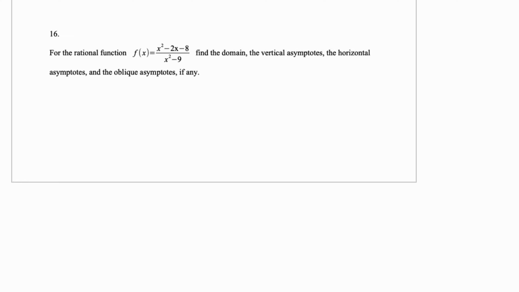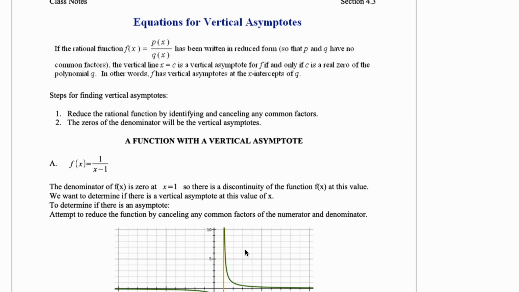Here we're given a rational function and asked to find the domain and any vertical or horizontal or oblique asymptotes. So there's a guide for how to do this in the notes here.